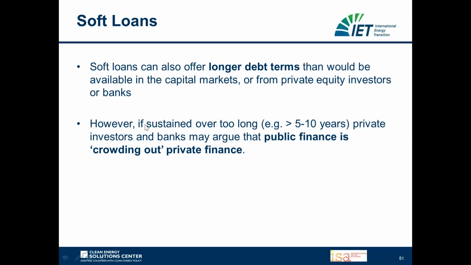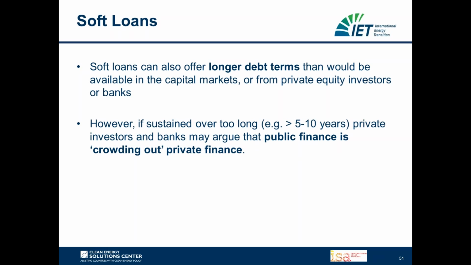Some critics say that if you keep soft loans in place for too long, for instance, by state-owned banks, they might actually lead to a situation where public financing is crowding out private financing. However, the experience in many countries has actually been different.